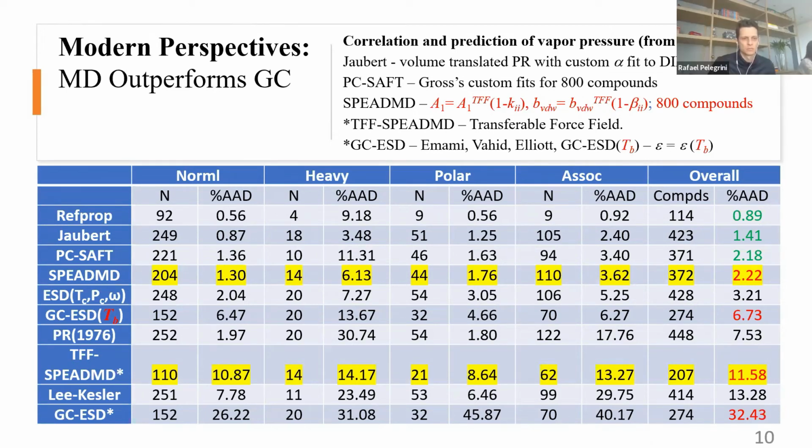And there are some limitations in this Joubert method. This is the translated consistent Peng-Robinson method, he calls it. He limits his vapor pressure coverage to 0.1 bars, 0.01 megapascals. Anything lower than that is outside the range of his analysis.